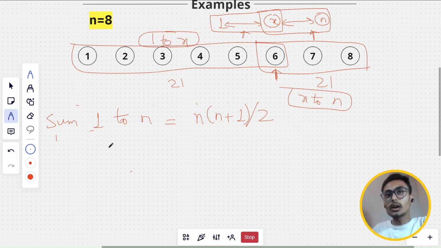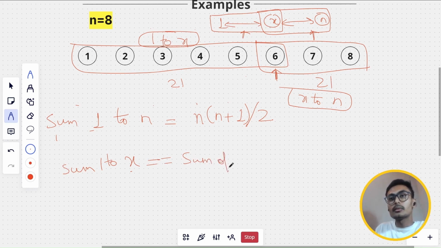So what I am saying is that we will calculate the sum of 1 to x, and we will equate it with the sum of x to n, and we will get some value of x.